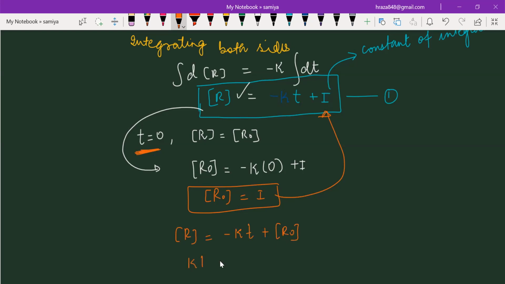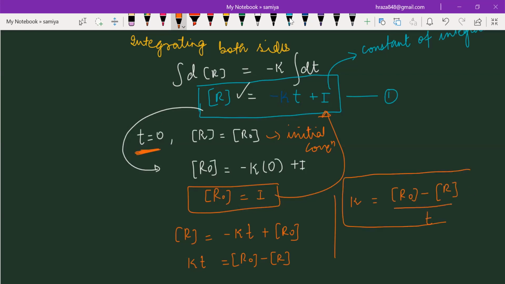And then kt will be equal to R naught minus R. And then the final formula: k will be equal to initial concentration, where R naught is the initial concentration, minus final concentration, divided by time taken. Can I write this? So this is the formula of k for zero order reaction. Please do write it.